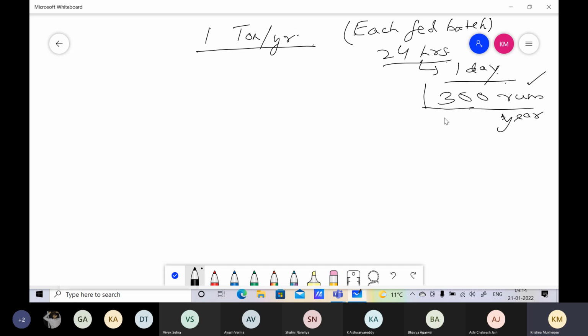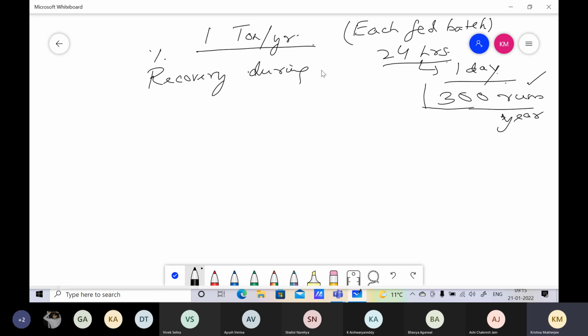So 300 runs per year, and let us also make a second assumption. What is the recovery? Purification recovery, the percentage recovery during purification.